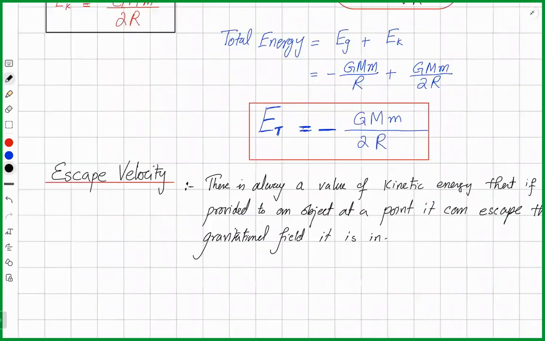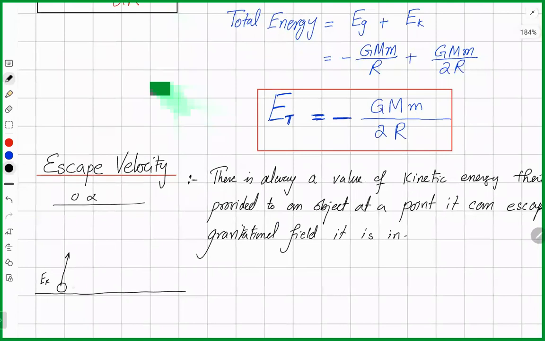Let's see, if this is the surface of Earth and there is this object and we provide it with kinetic energy that is so much that the object can actually go to infinity, so its energy becomes 0. If it has a gravitational potential energy of minus GMm over r here, and it has a 0 energy here, how much energy do we need to add to this object so its energy becomes 0?